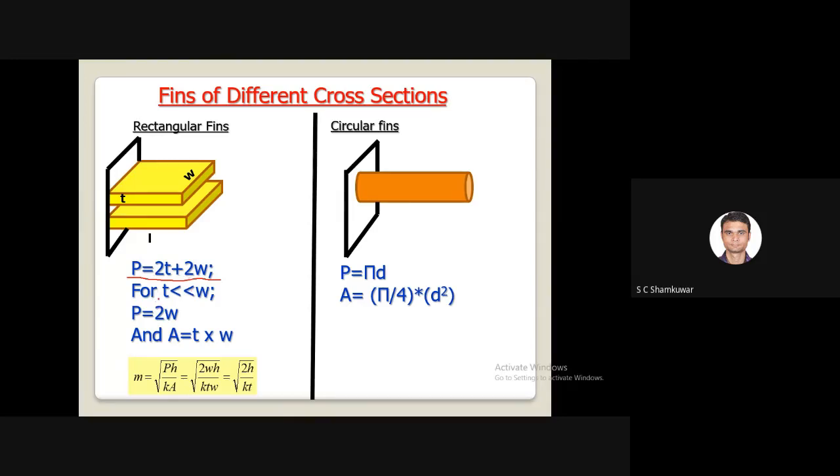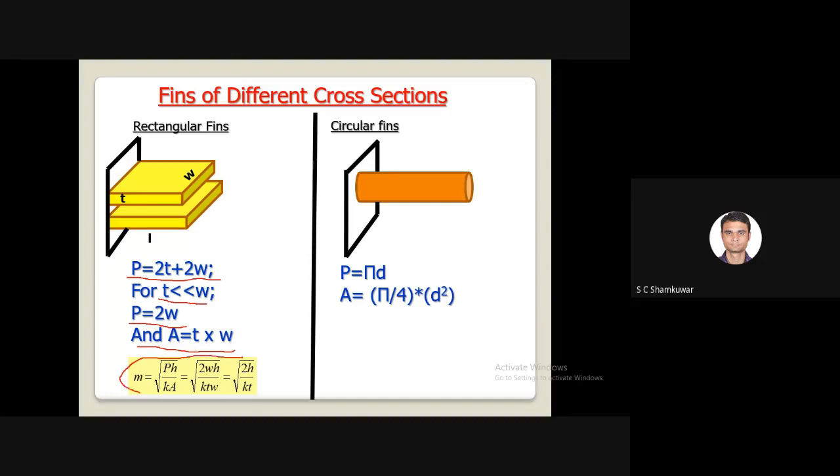But if the thickness is very small compared to the width, then you can directly take P is equal to 2W, twice the width. The area for a rectangular fin is thickness into width.